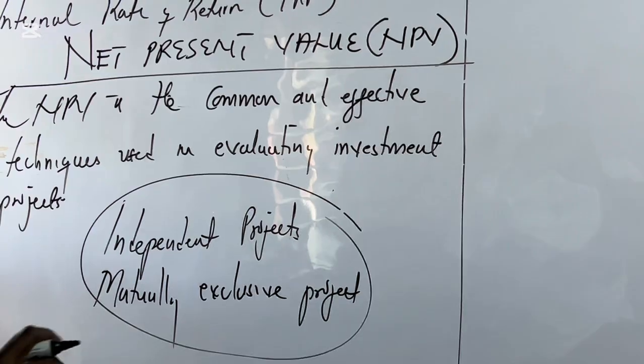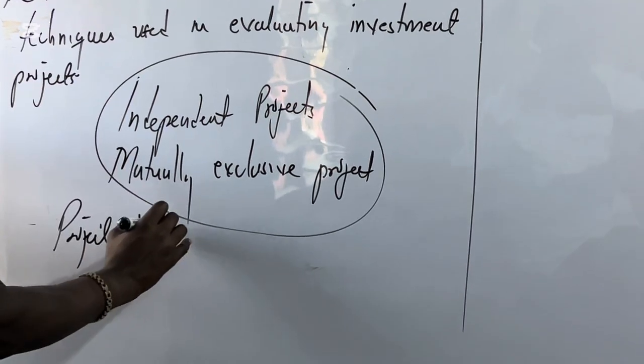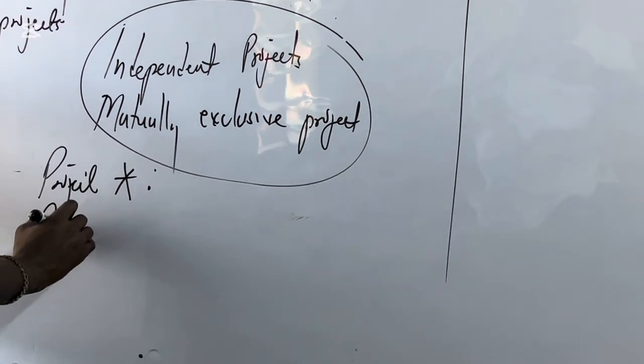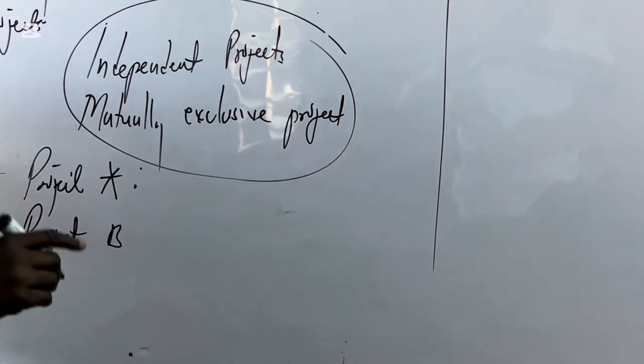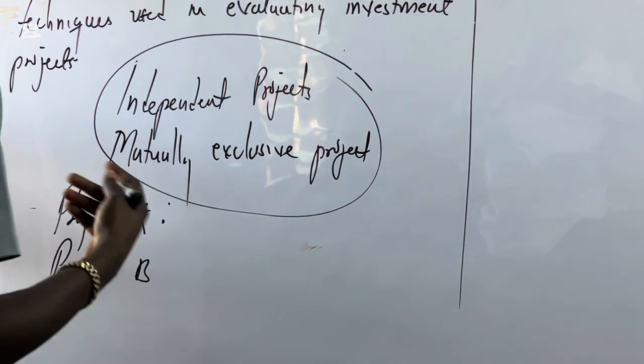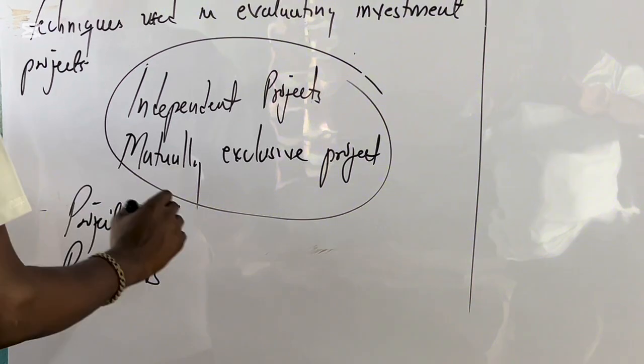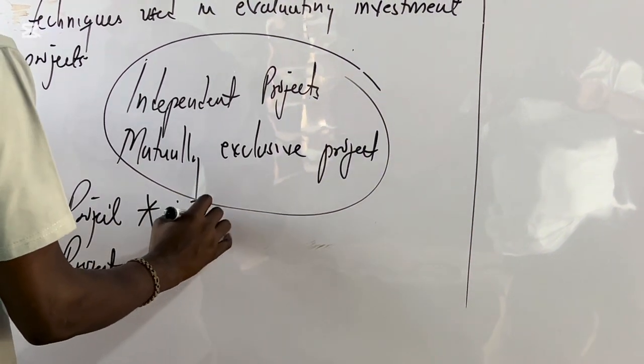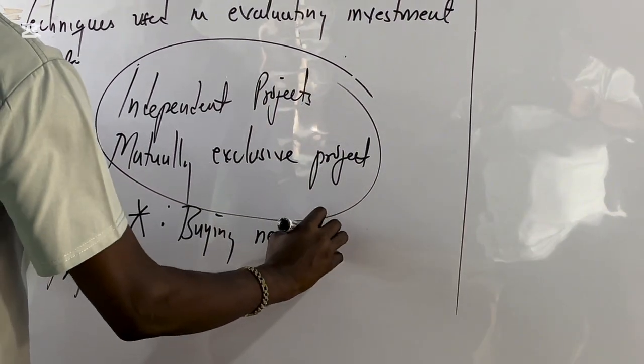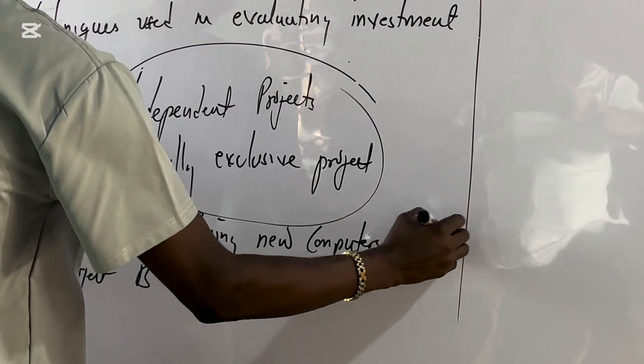For example, a school has two projects, project A and let's say project B. Project A is such that the school wants to embark on buying new computers for the school.